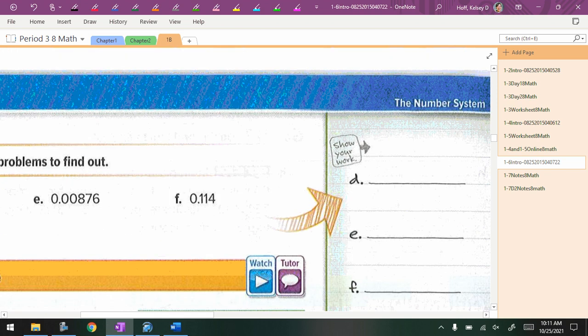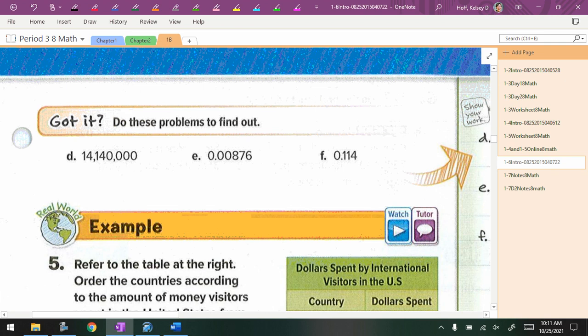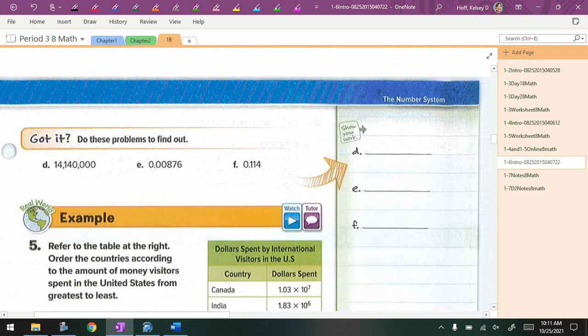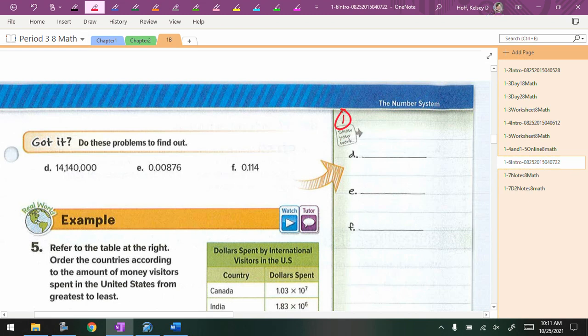Okay, so go to the top of page 53. All right. On the right-hand side, write down these steps. Number 1, ask if the number is greater or less than 1. You need to ask yourself, is this number greater or less than 1?